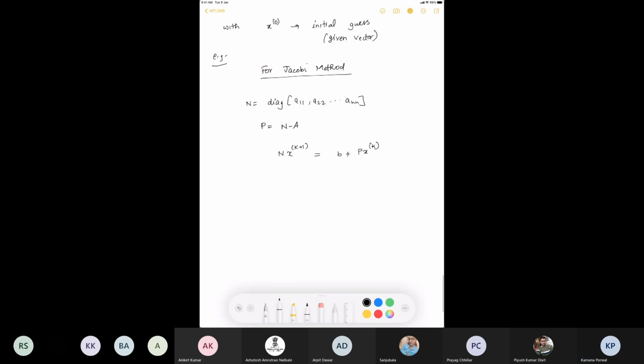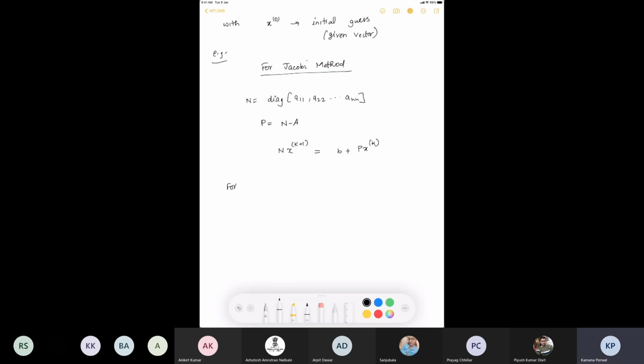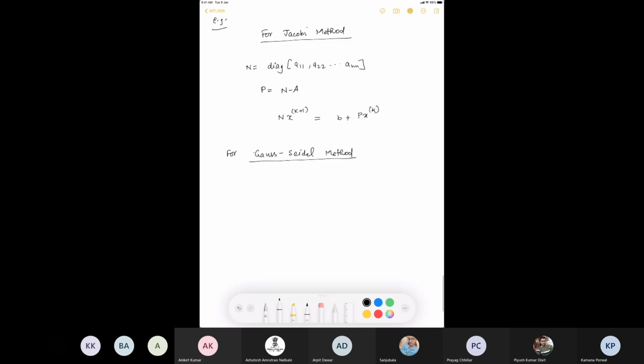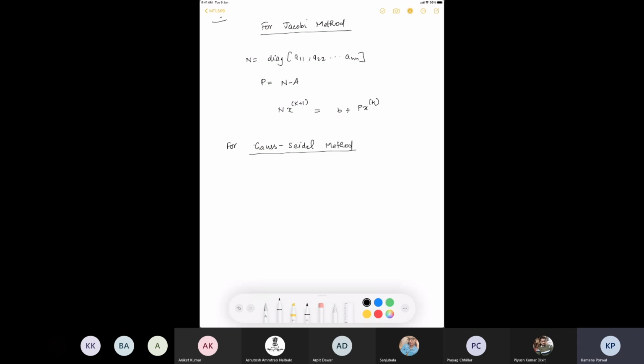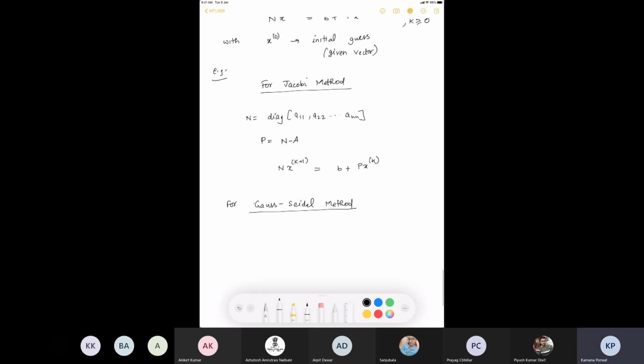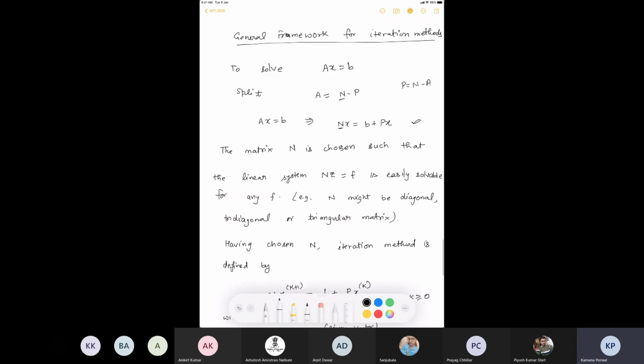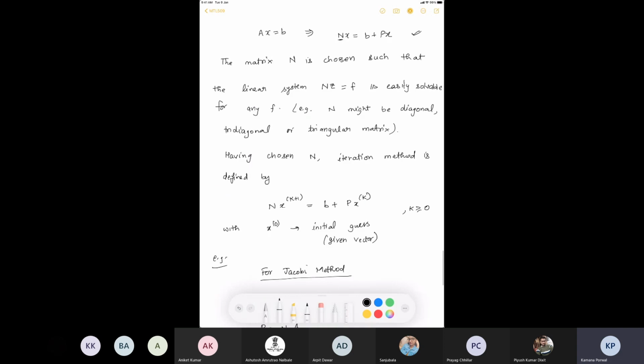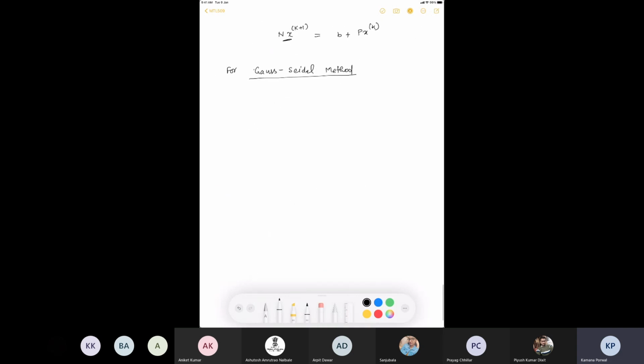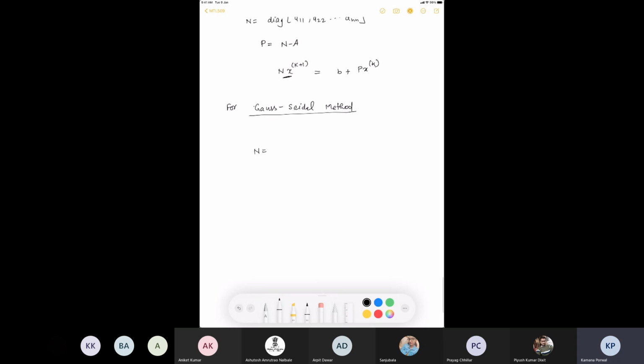Okay. And if you try to observe for the Gauss-Seidel method, what is the matrix N? So you have to observe what is getting multiplied with the (k+1)th iterate. This is for you to check that N for the Gauss-Seidel method is nothing but a lower triangular matrix.